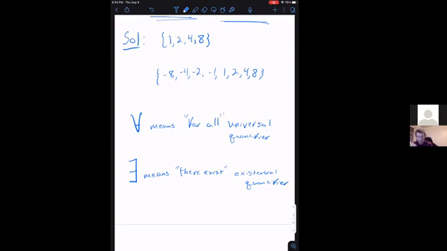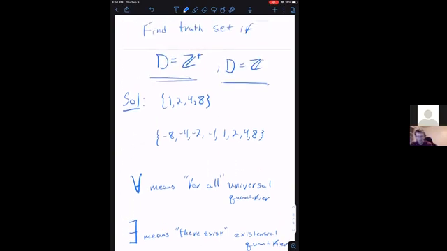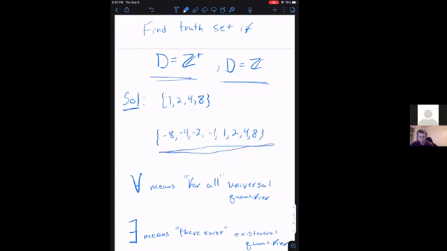The way that we're going to make it so we only get what we want for our truth sets is to use these quantifiers. So these quantifiers are going to change our predicates into statements. And then these quantifiers are going to make sure we get the information we want out.